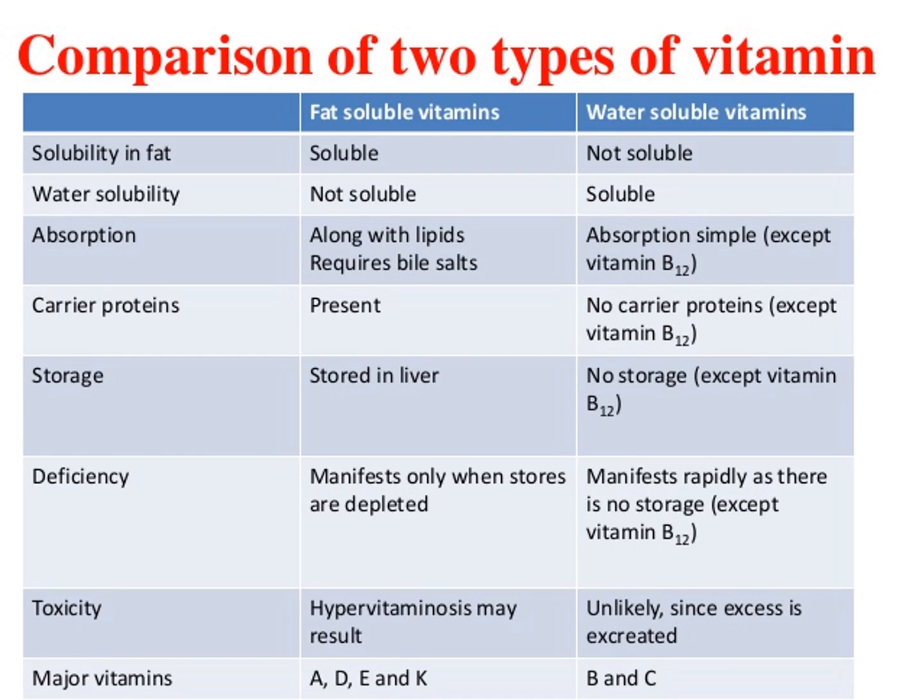The fat-soluble vitamins are a little harder to absorb, and they really require those lipids and bile salts to be able to be absorbed, which is quite important. As well as storage, right? We do store those fat-soluble vitamins in our liver, whereas we really don't have much storage of the water-soluble vitamins. And we'll talk about the deficiencies a little bit, as well as the toxicities. And we really don't see toxicity in those water-soluble vitamins.